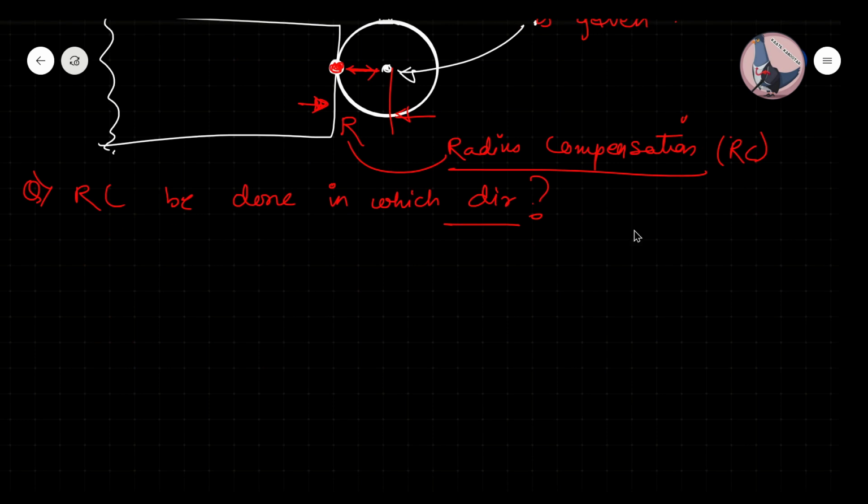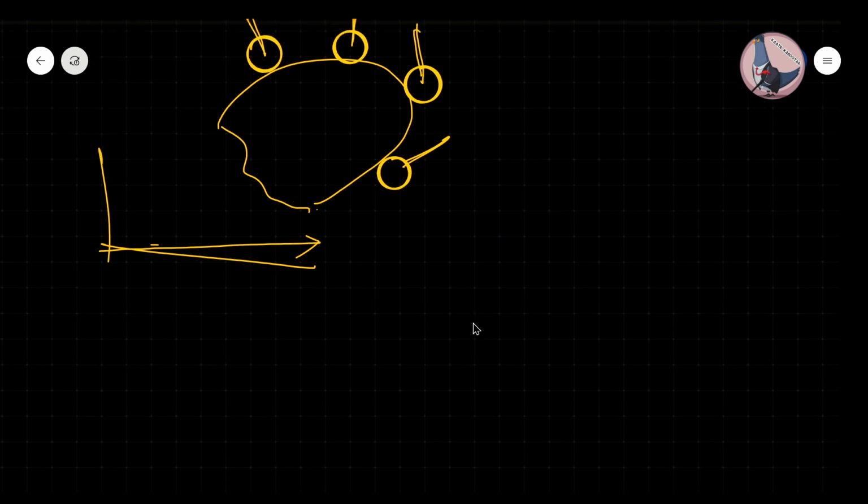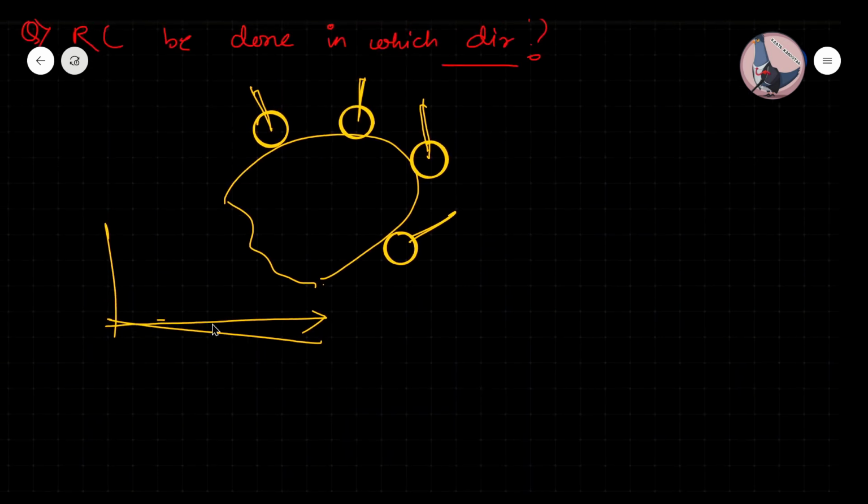Suppose your object is this, and then your ball is sometimes touching it here like this, sometimes like this, sometimes like this. So this is the object and this is your coordinate system.